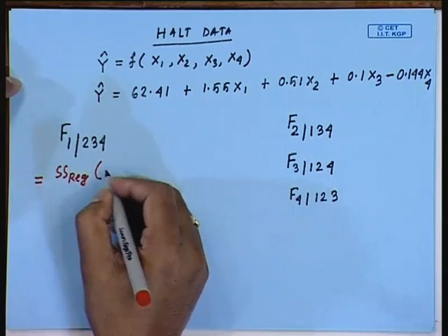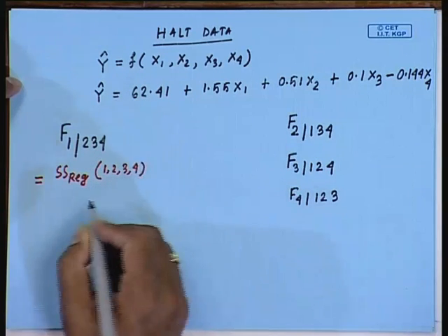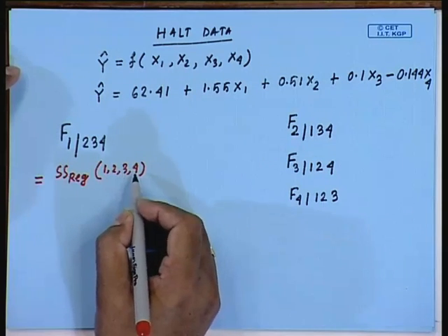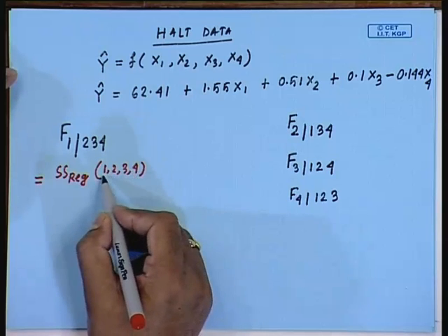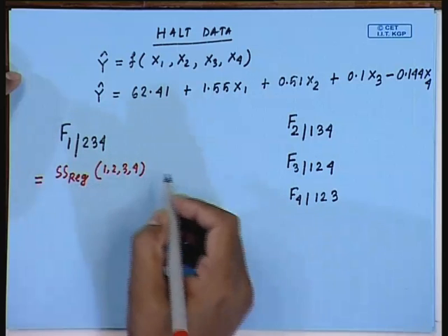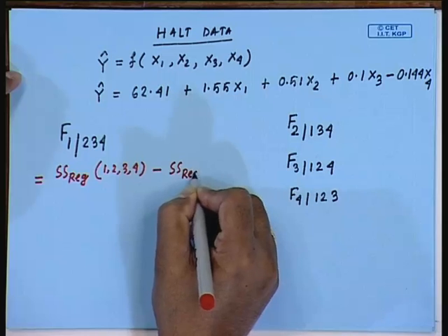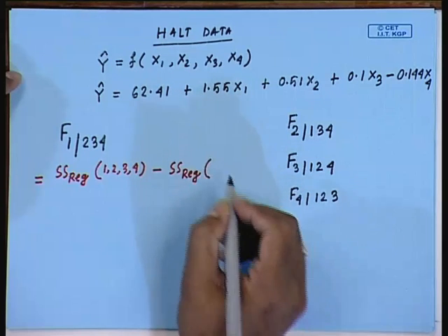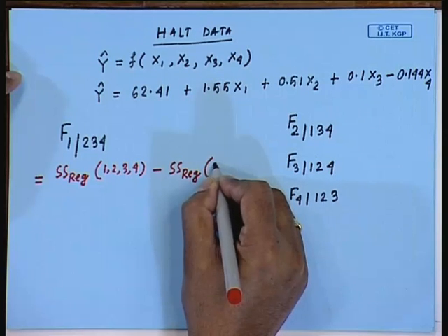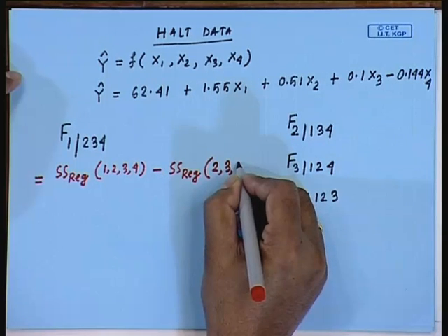So, I will use some other notation like 1, 2, 3, 4, that is my full model, because there are only 4 regressors in the problem, and by 1, 2, 3, 4 I mean that all the 4 regressors x1, x2, x3 and x4 are in the model. So, this is the SS regression for the full model minus SS regression for the model with regressor variables x2, x3 and x4.